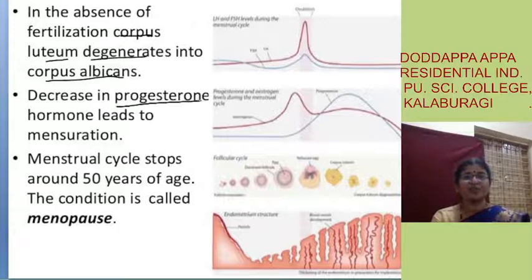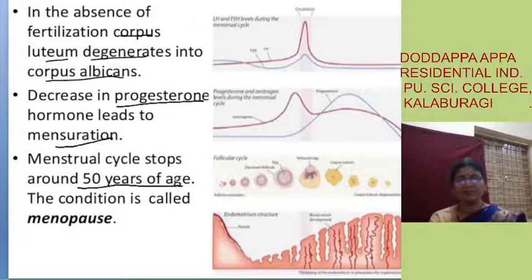A decrease in the progesterone level leads to menstruation. It leads to the breakdown of the endometrium, and again the menstrual cycle will begin from the beginning. The menstrual cycle stops around 50 years of age in the female. In some females it varies, from 45 to 55.